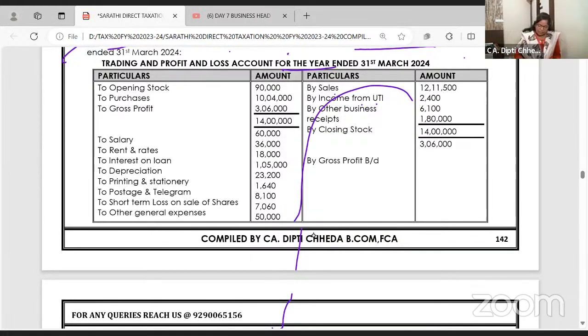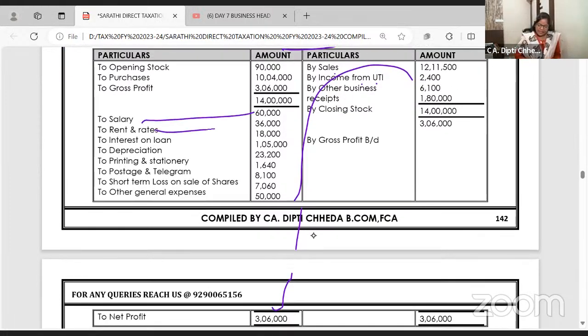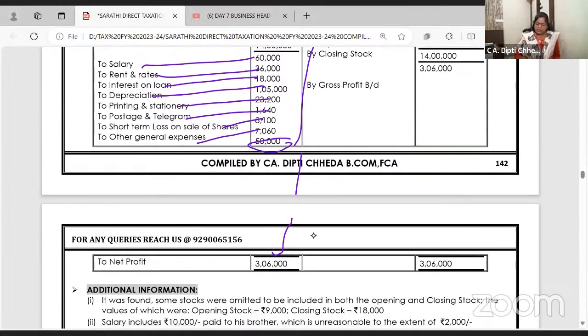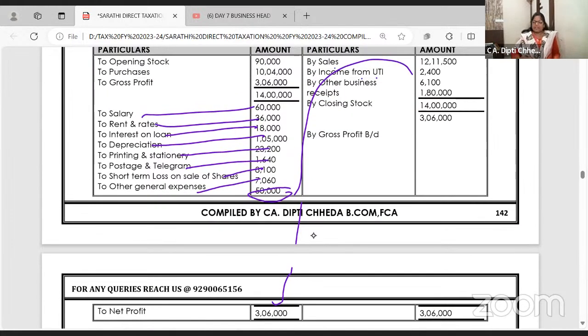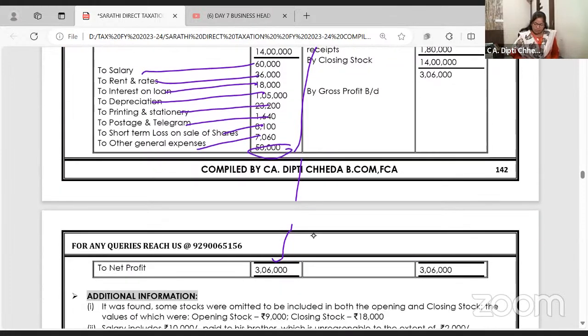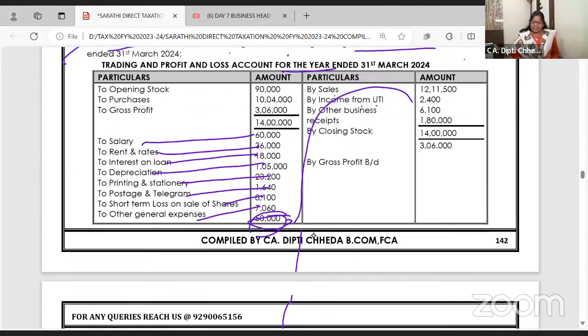So what's the net profit here actually? Salary, rent, interest, depreciation, printing and stationery, postage. This net profit is 50,000. Net profit went down, but it is 50,000. Right? So I'm reading the question in the way you will read in the final exam. I'm giving a lot of explanation, then I'll go to the notebook. So always start with net profit, 50,000.